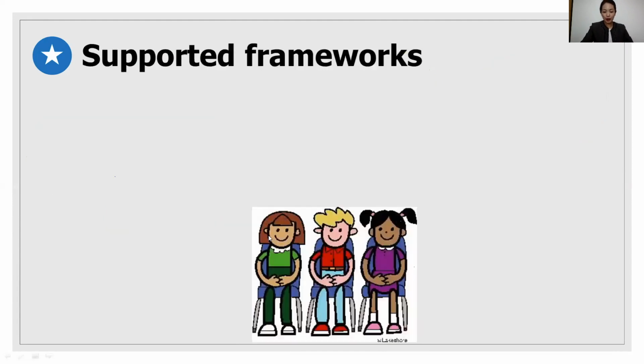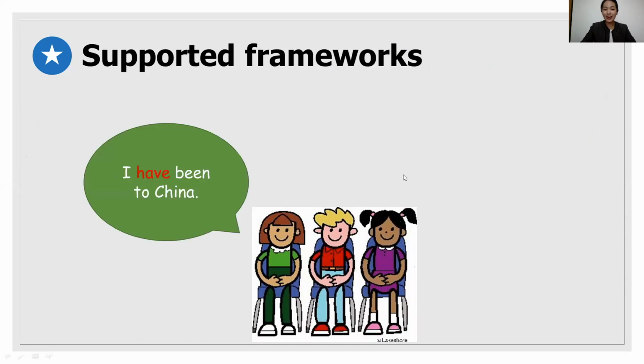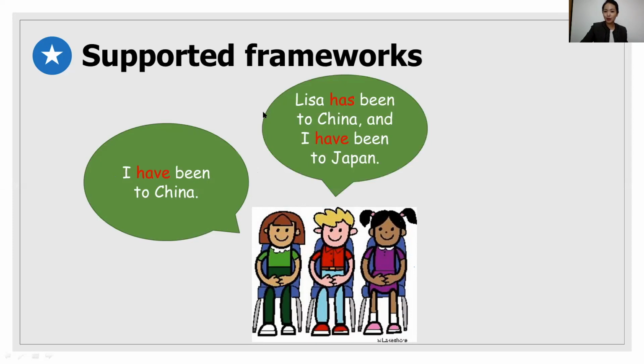Okay, supportive framework. This is using the framework, and your students will have the chance to repeat the sentences again. As group work, ask one of your students in each group to come out. Group A, group B, and group C, and one of their students comes out and says like this, I have been to China. And the next person should repeat what the previous one said: Lisa has been to China, and I have been to Japan.